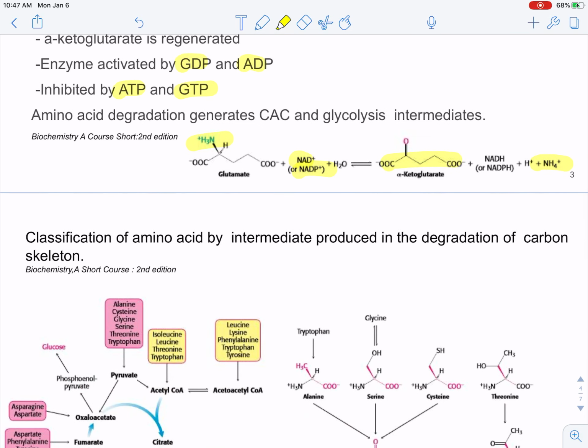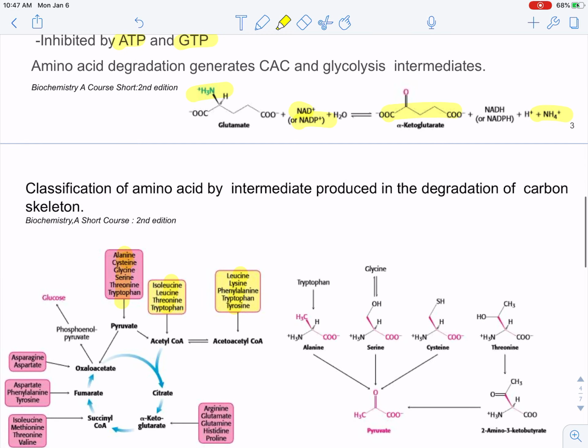Now let's talk about classification of amino acids by the intermediate produced by the degradation of the carbon skeleton. That is, after we take out the amino component, the remaining carbon skeleton, how the body is able to make good use of that. So the various amino acids, like this group of amino acids, form pyruvate, and then this group also form acetyl-CoA, this group form acetyl-CoA, and so on.